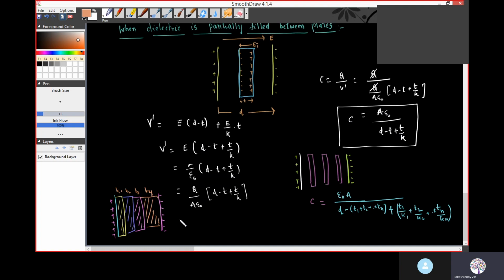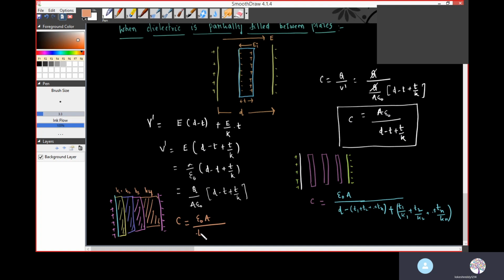If it is completely filled, C is equal to epsilon naught A by (d minus t). Here d and t are equal, because the thickness t1 plus t2 plus t3 plus t4 is equal to d, so d minus t will become 0.